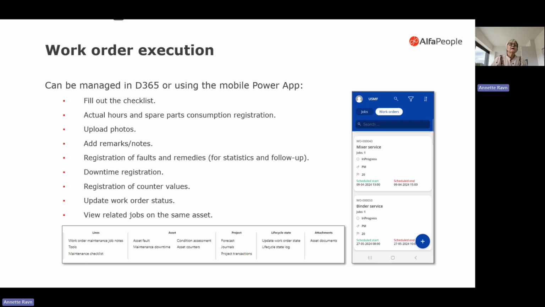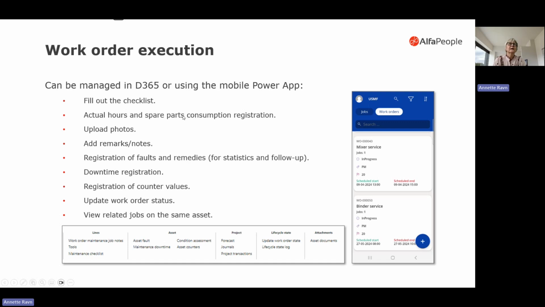The work order can be executed or processed in the asset management module in Dynamics 365 or using the specifically designed mobile power app that's been developed specifically for processing work orders. Some of the things that are part of processing a work order: typically a work order might have a checklist.